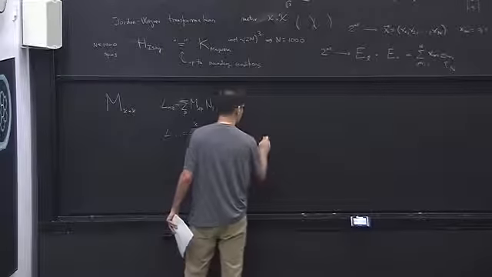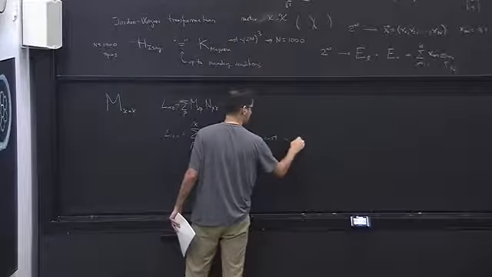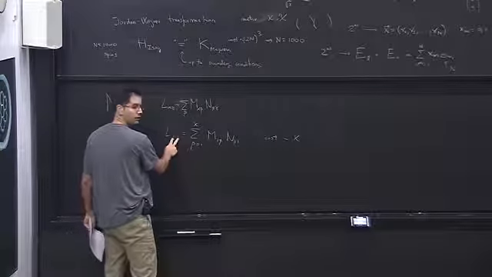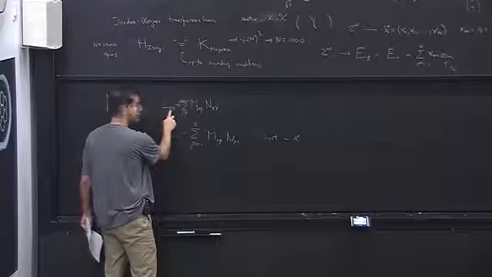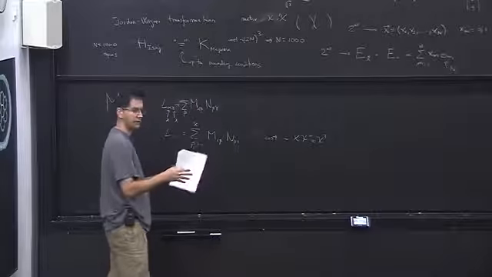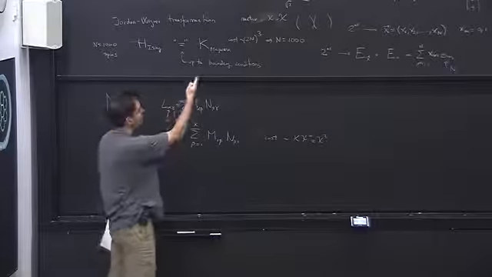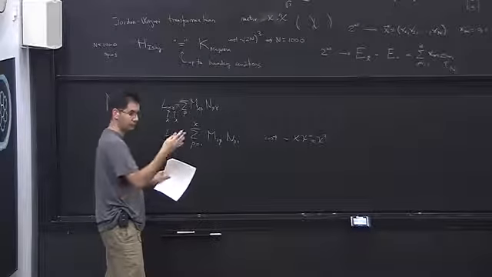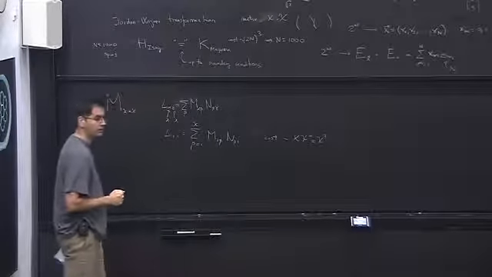So the cost scales as chi. But now it turns out that we have to do this not just for these values, but for all values. And there are chi values here and chi values there. So we have to repeat this chi squared times. So the overall cost is chi to the 3. So that's why whenever we see a matrix of dimension n or 2n, the cost of diagonalizing it is going to be that linear size to the third power. Very good.